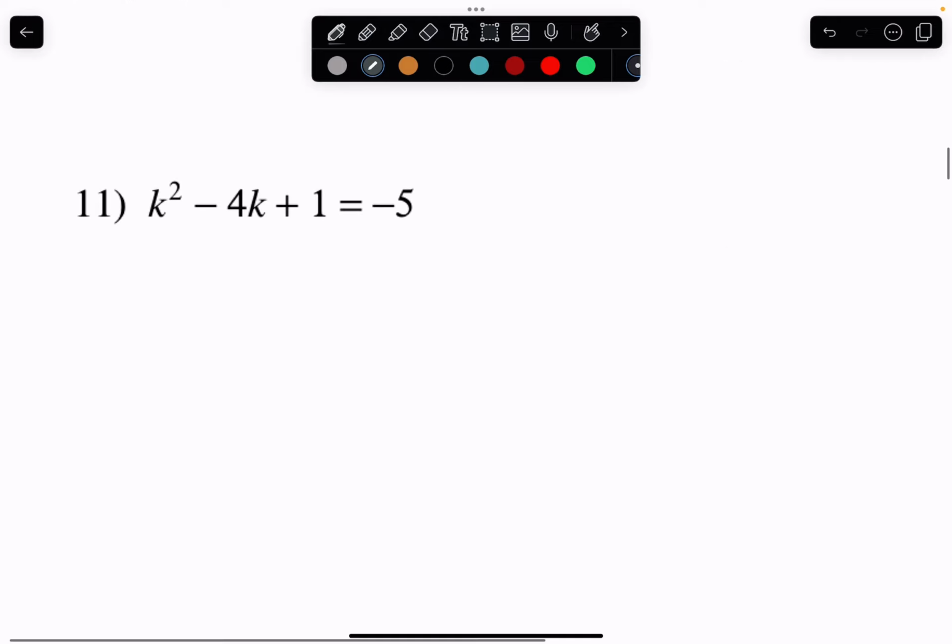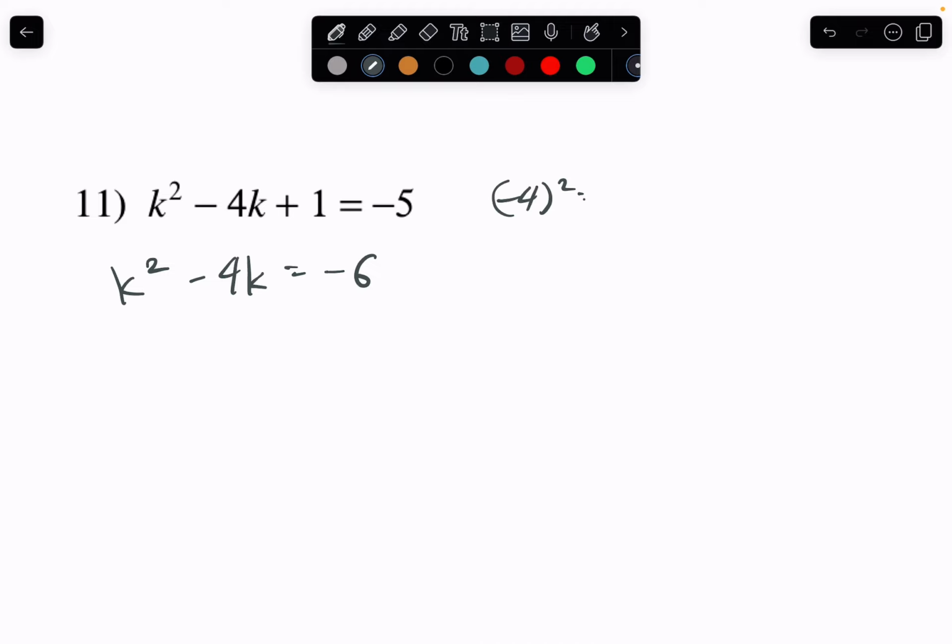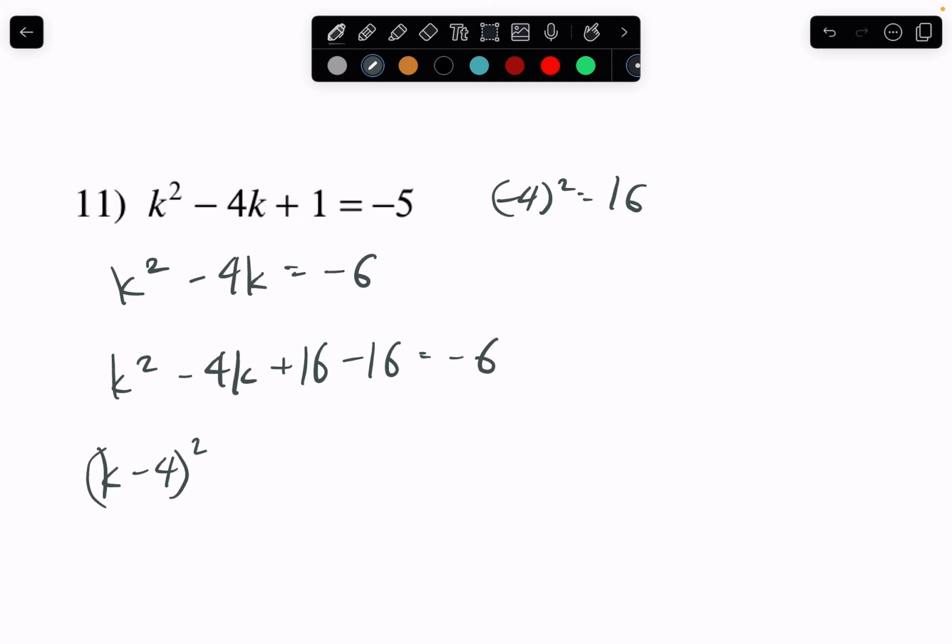Let's try this one. -6. -4 raised to 2 is equal to 16. Okay, it's not working again.